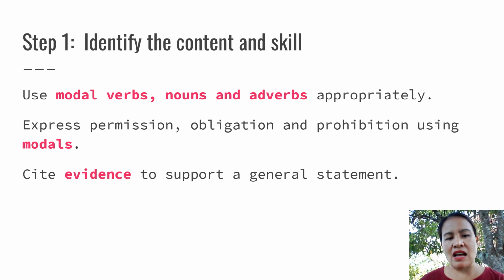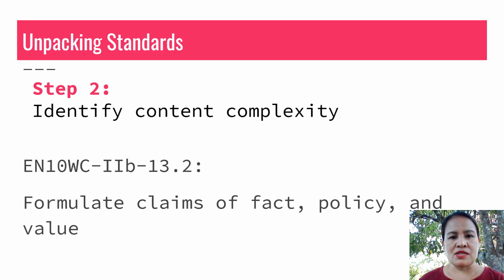So in the first example, the skill is to use modal verbs. In the second example, the skill is to express permission, obligation, and prohibition. And the third one, the skill or the performance is cite to support a general statement. So that's the first step.